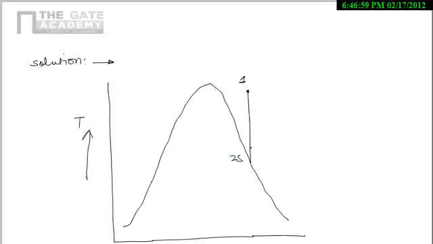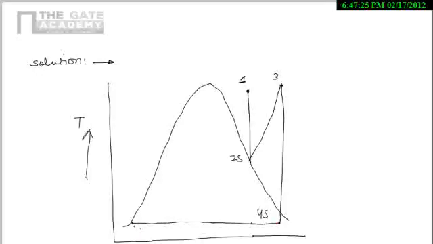So 1 to 2s is our expansion, and then 2s to 3 is constant pressure reheating, and from 3 to 4s we have the expansion in the low pressure turbine. From 4s to 5 it is in the condenser, and water exits the condenser at point 5.